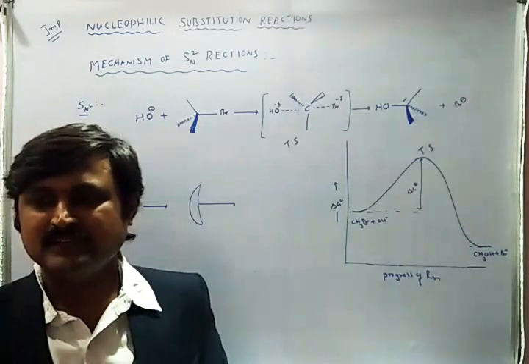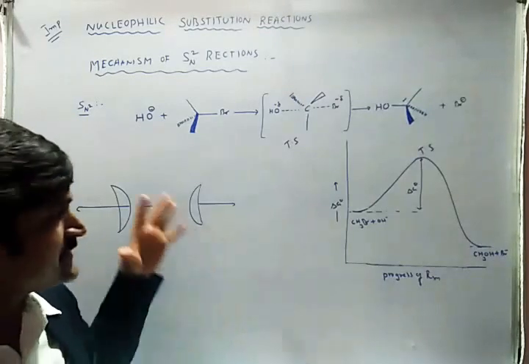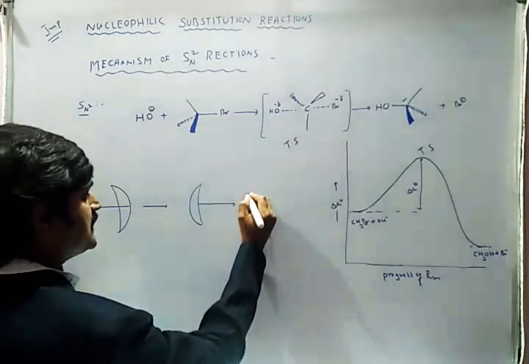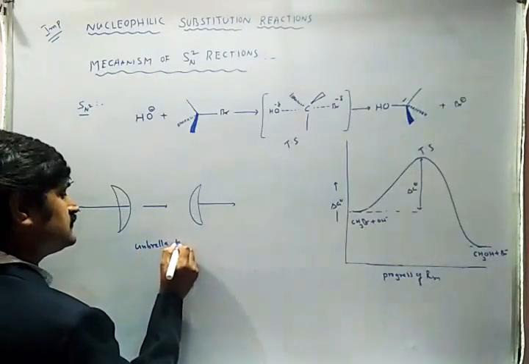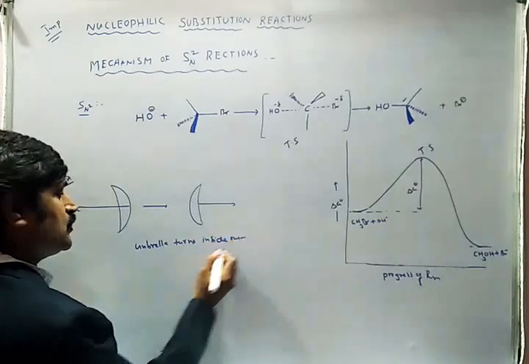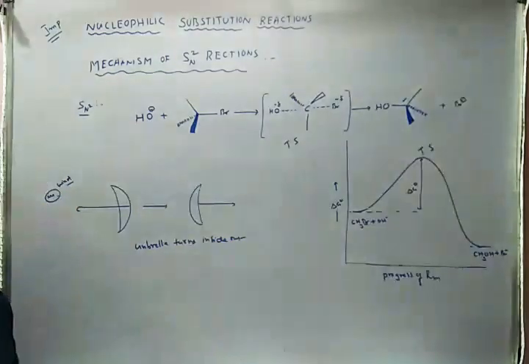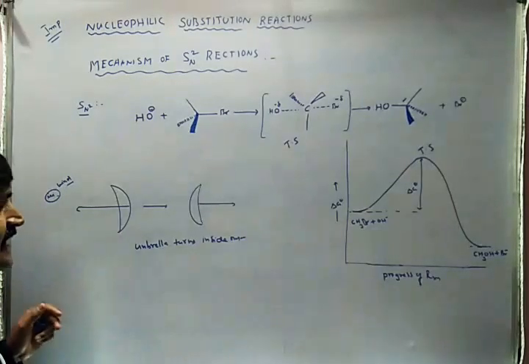So what is the best way? At the carbon where substitution occurs, an umbrella that turns inside out. This concept we can call Walden inversion. This is called inversion of configuration.